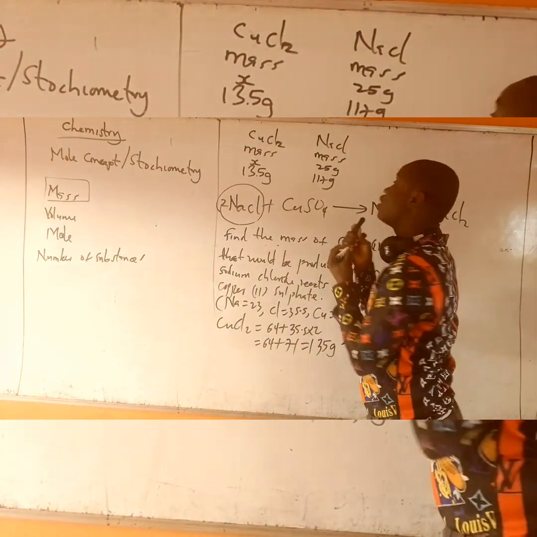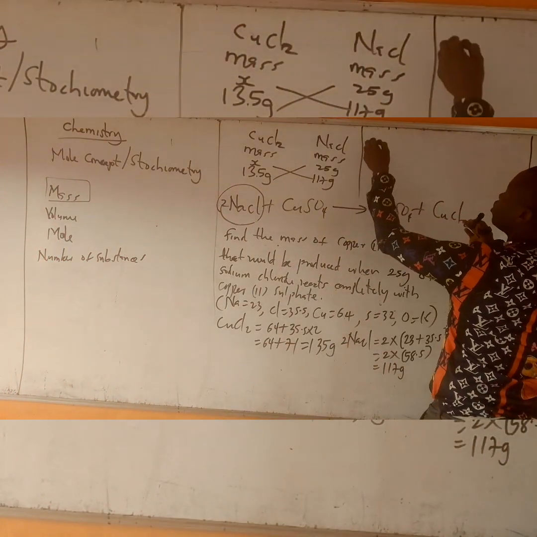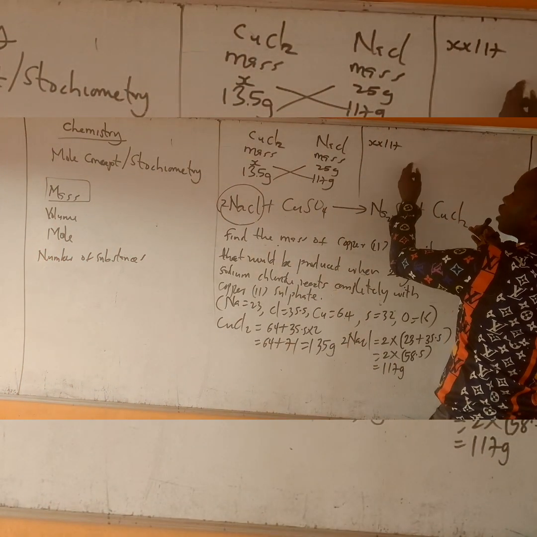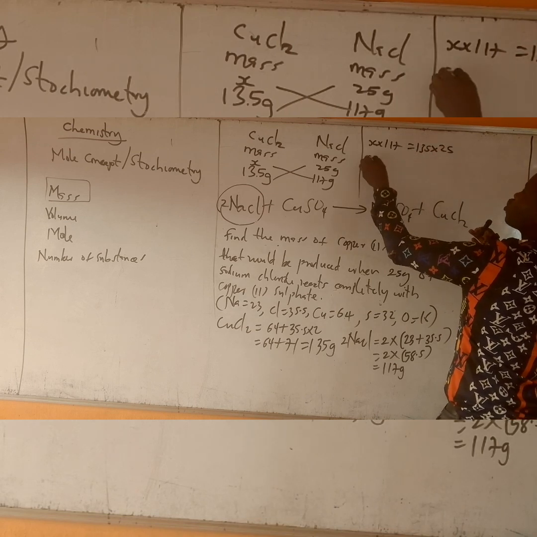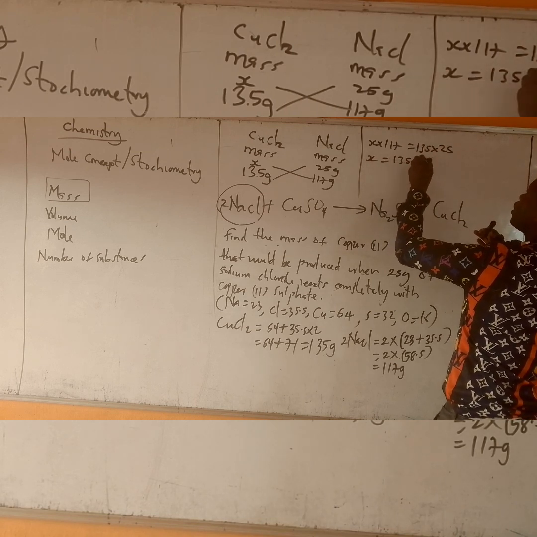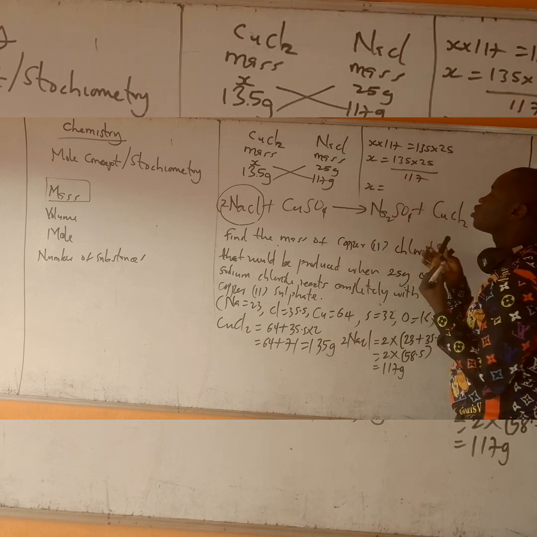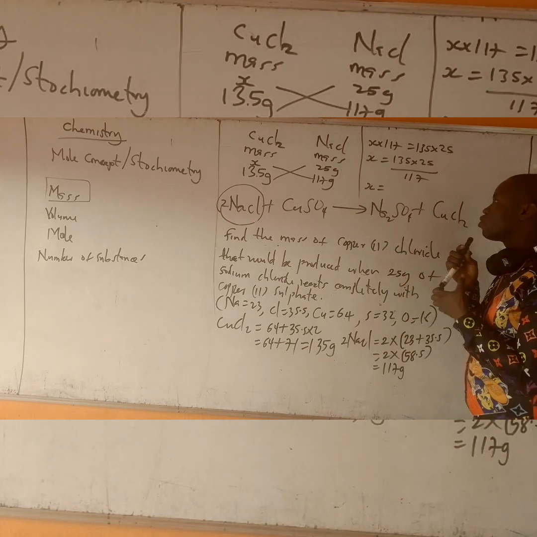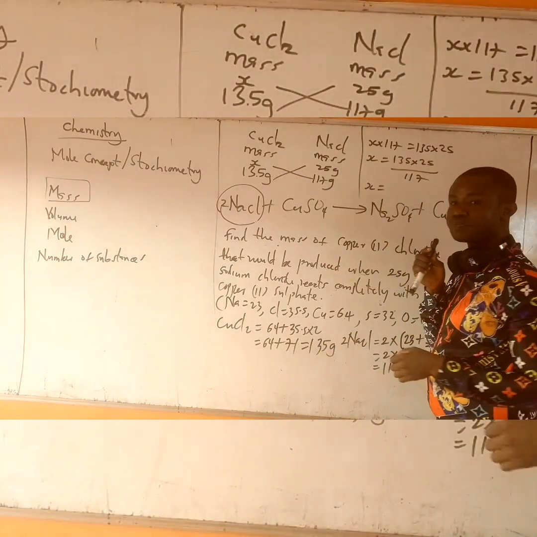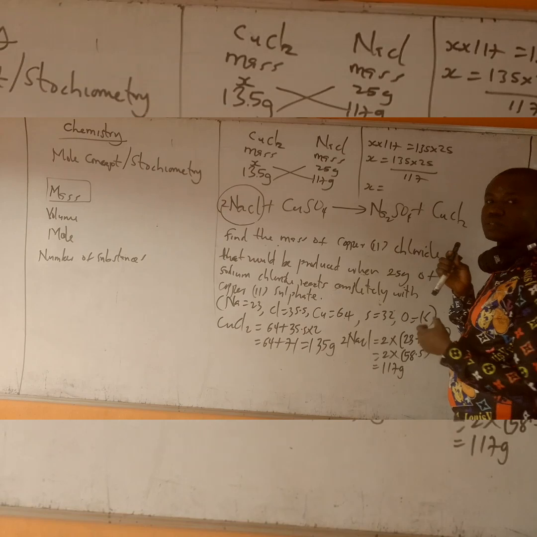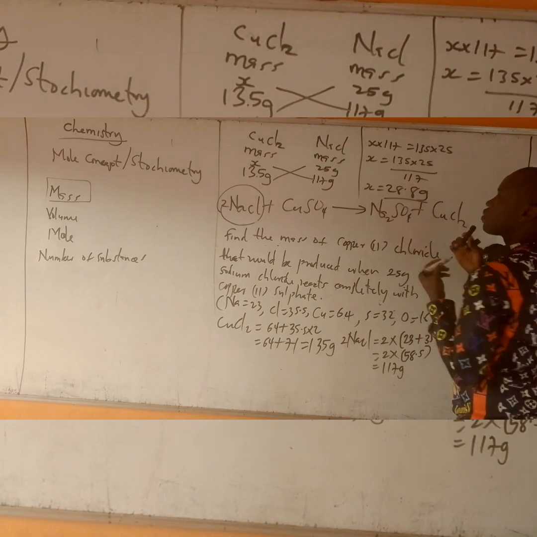If you cross multiply, you will have X times 117 equal to 135 times 25. So X will be equal to 135 times 25 over 117. Am I communicating? What will it give you? 28.8 gram.